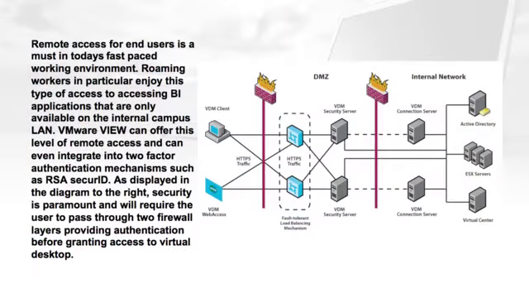For remote access, again, load balancing is in play, but it's in the DMZ here instead. And what we really want to focus on with remote access is the two-factor authentication. In previous versions of View, I think prior to 4.5 or 4.6, they would only support RSA SecurID, and that was your only option.